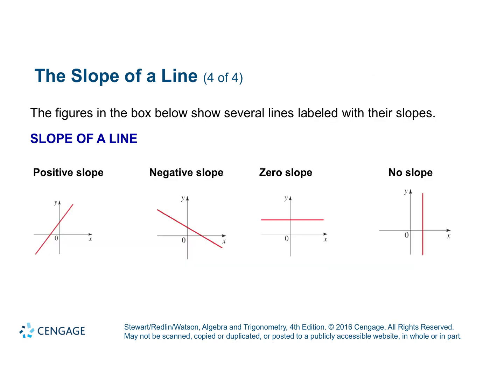The slope of a line. The figures in the box below show several lines labeled with their slope. So the same thing I drew earlier, but now in an actual coordinate plane. You have the positive going from left to right up, negative going from left to right down, 0, which is a horizontal line, and no slope or undefined.